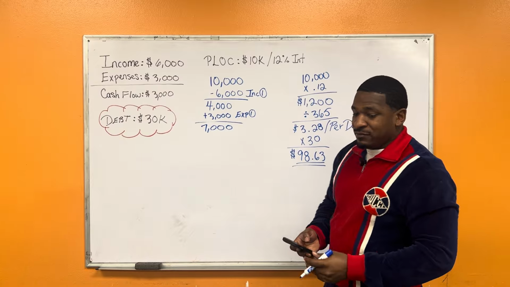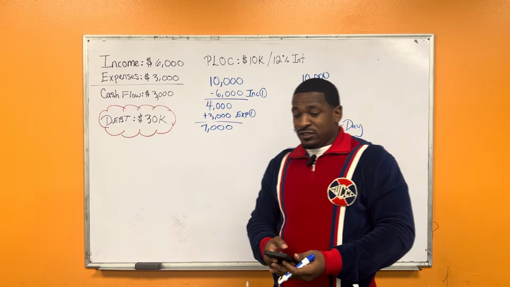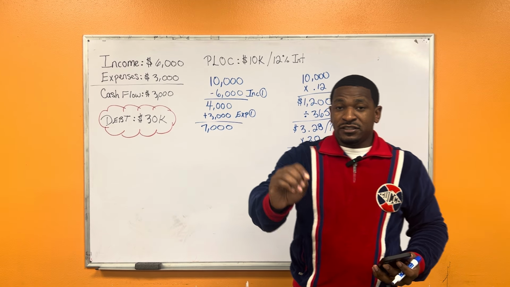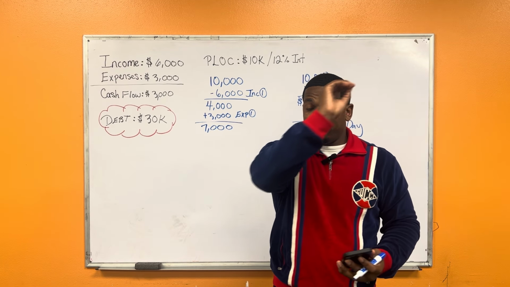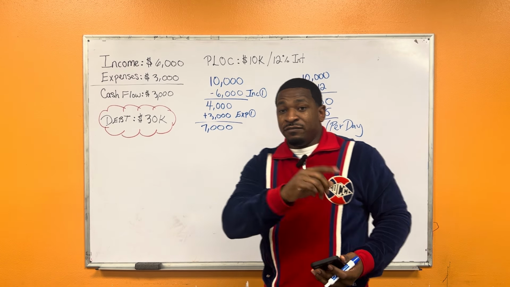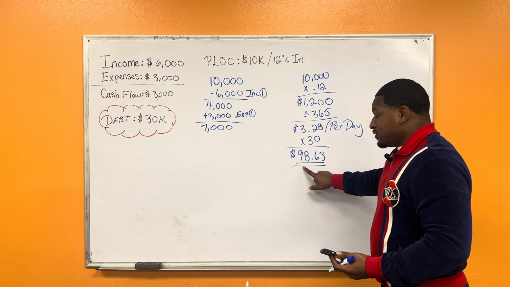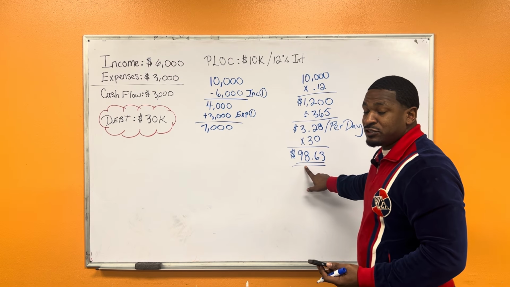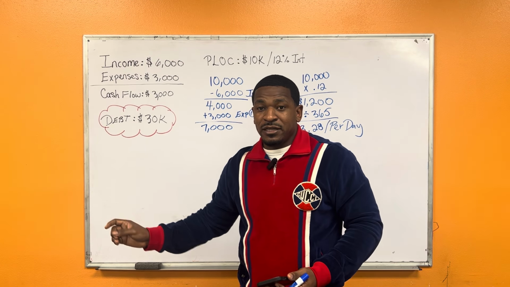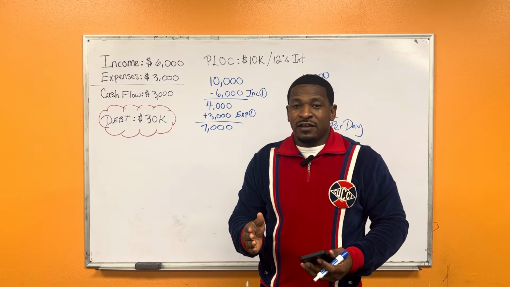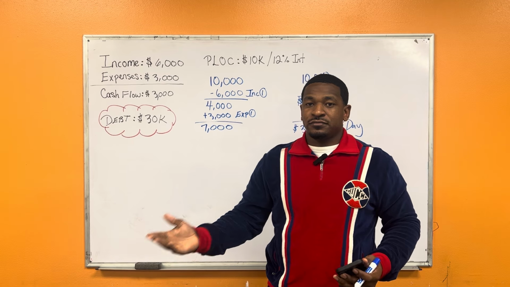The reason is we have to find the average between the very beginning when you start the personal line of credit and the very end. At the very beginning, your first interest payment is going to be $98.63. Your last interest payment is going to be $0. So in order to find the average, we have to add, then divide by 2.